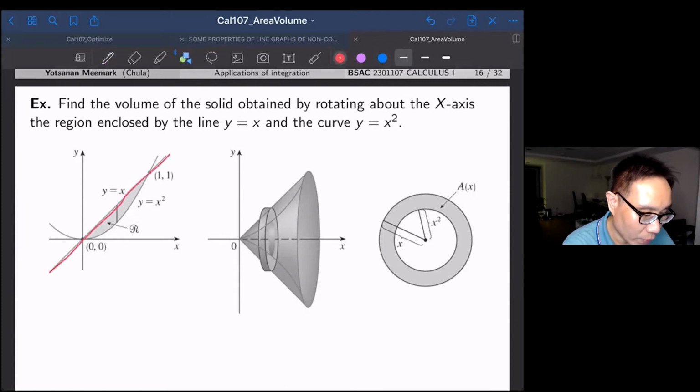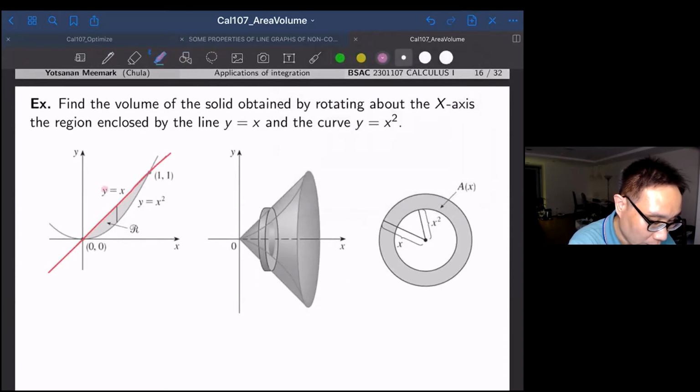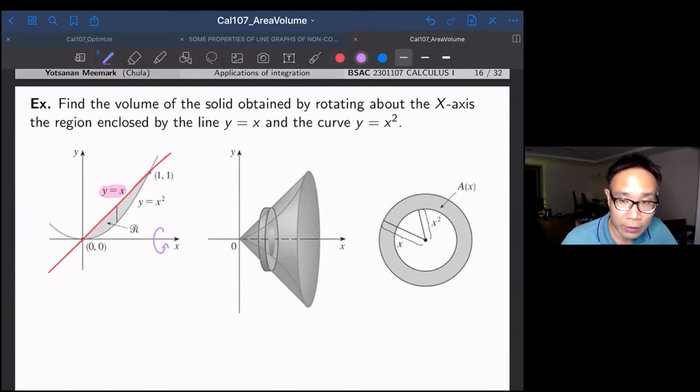So this one is y equal to x, I'm going to use the red color, and y equal to x squared. I'm rotating this around the x-axis.